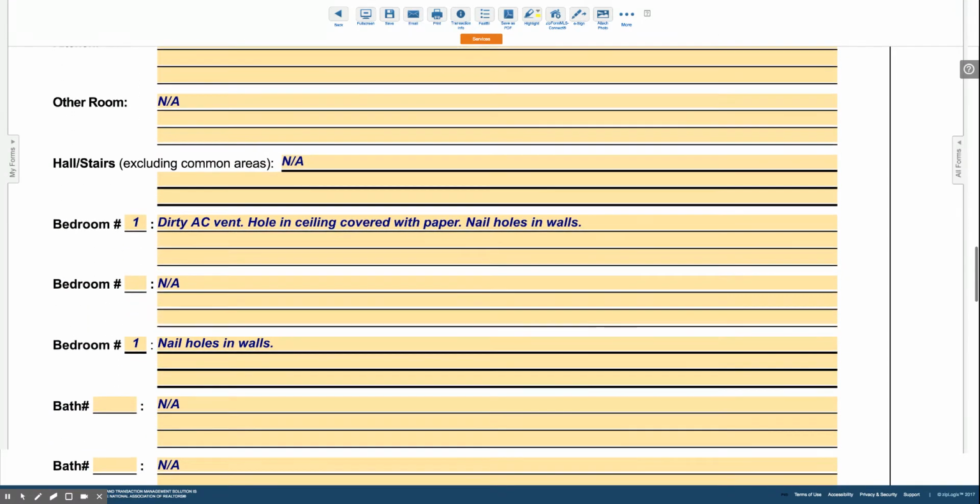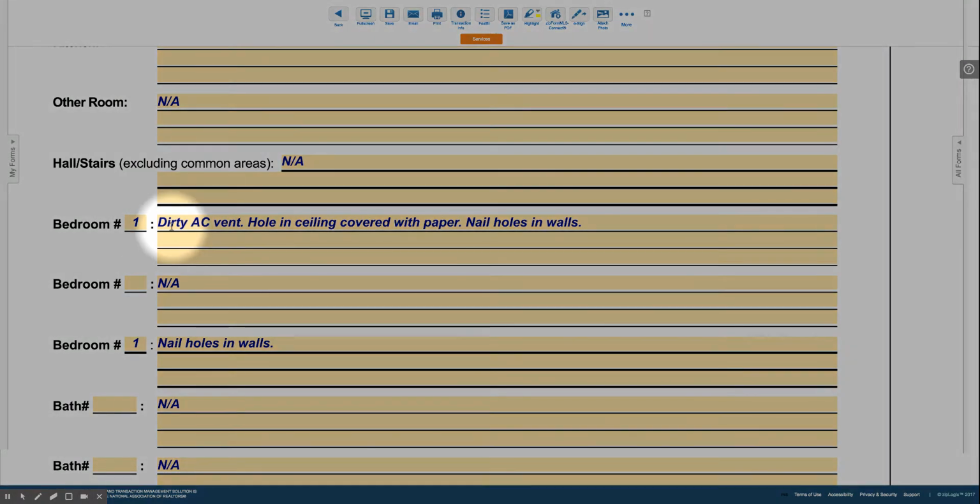That's always prudent. The other thing I want to mention is that you don't want to get into diagnosing issues. That's not your job. Your job is to point out issues that you are noticing. So, for instance, here we noticed a dirty AC vent. We don't go into speculating why it's dirty, or this hole in the ceiling covered with paper.